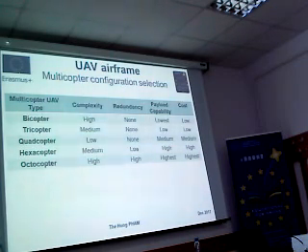Even in the case we have some failures in more rotors, we still have the ability to land the octocopter. But the cost is very high because we have 8 rotors, 8 arms, and we even need some special flight control.